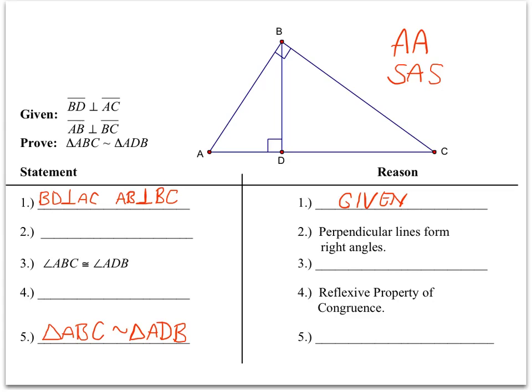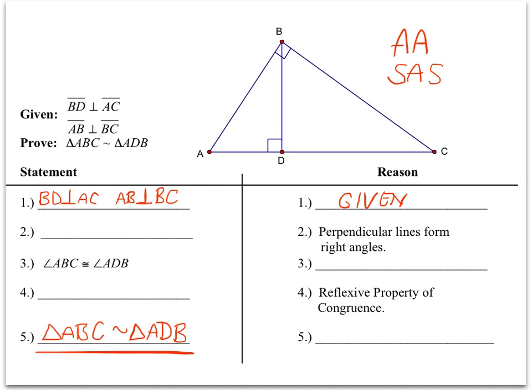As well as your end game, in step 5, we can state already that those triangles must be similar. That's what we're looking to get to. So the first thing we're given is that BD is perpendicular to AC. And AB is perpendicular to BC. Now in this picture they've already drawn the right angles.